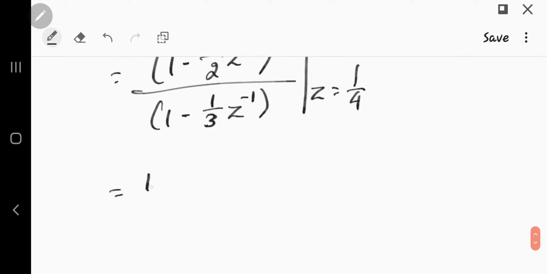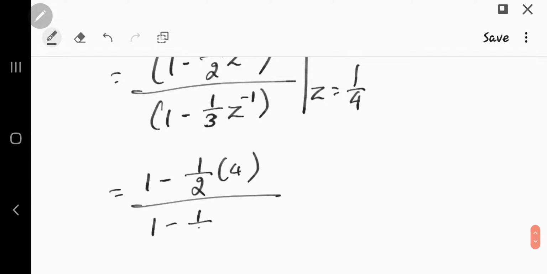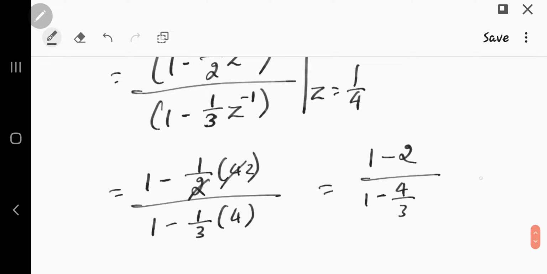Now if you substitute that, 1 minus 1 by 2 into 4 divided by 1 minus 1 by 3 into 4. 2 ones are 2, twos are 2. So 1 minus 2 divided by 1 minus 4 by 3.